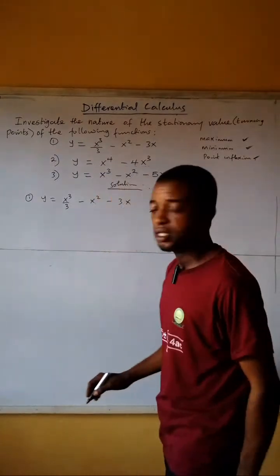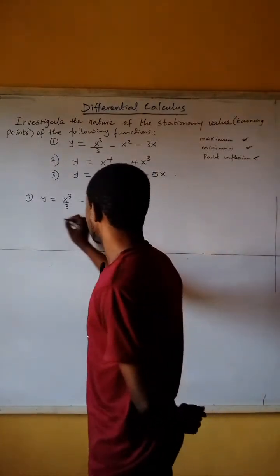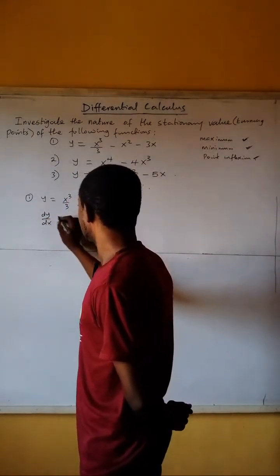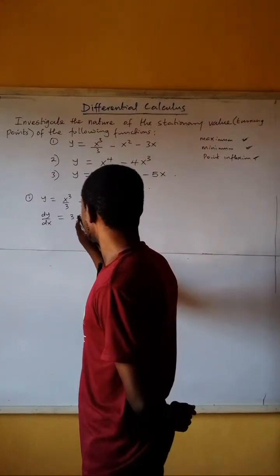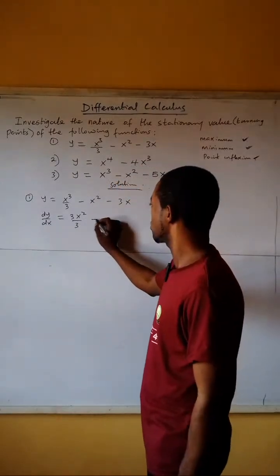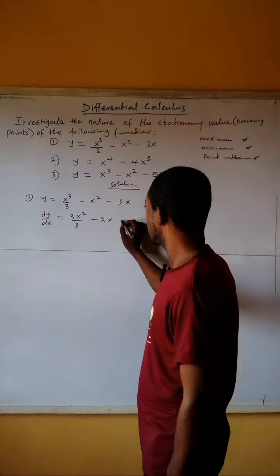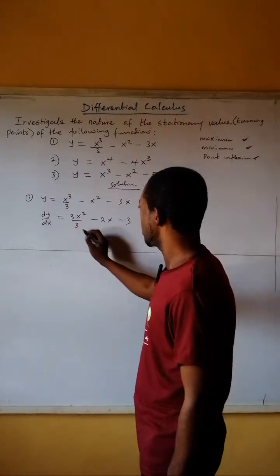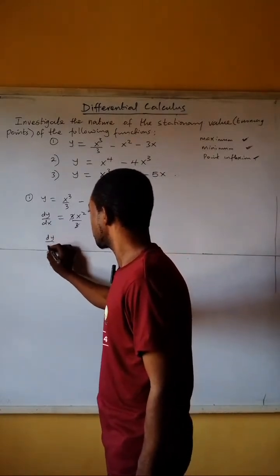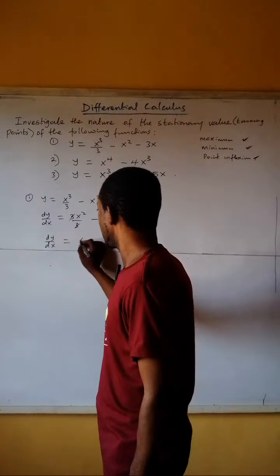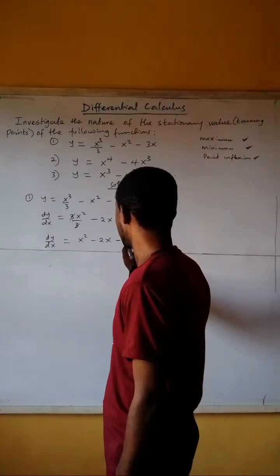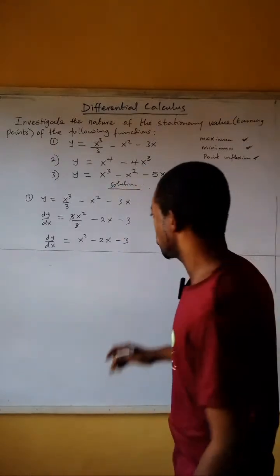Then we need to differentiate this. That is, we find the derivative. So dy/dx here will be equal to 3x²/3, then minus 2x minus 3. Here the 3s cancel each other, and this is the same thing as dy/dx equals x² minus 2x minus 3.